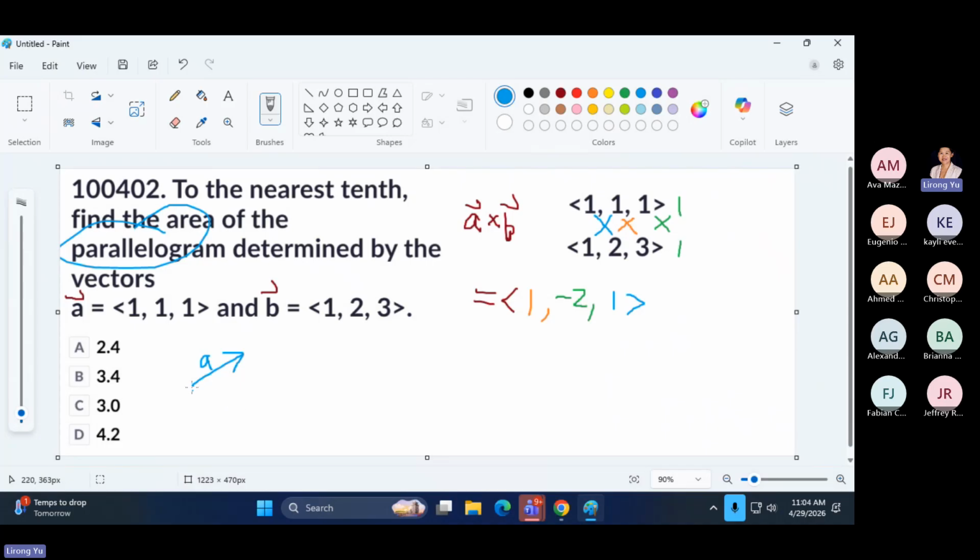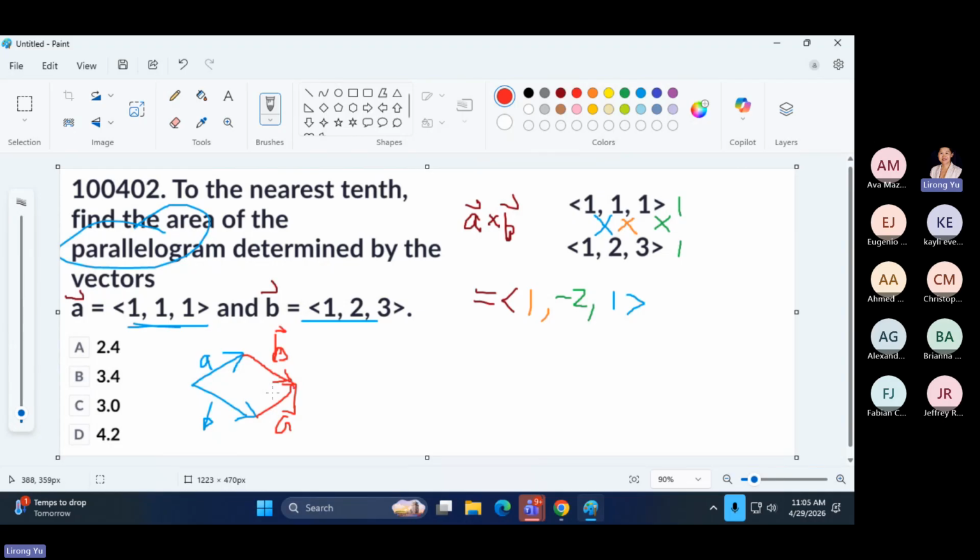So if we have A and B, two vectors, hypothetically speaking, if you're drawing them exactly in 3 dimensions, it's going to take time. If you want to draw exactly, you have to draw this 3-dimensional axis system. So hypothetically speaking, if we have A and B, the area of this parallelogram, this is also A, this is also B, since they are parallel.